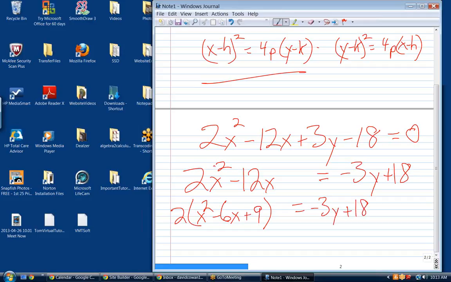Okay, be very careful here. I have to write in a 9 there, but what have I done to the left side? I added 18 to the left side because this 9 is being multiplied by this 2. So I have to add 18 to the right side.